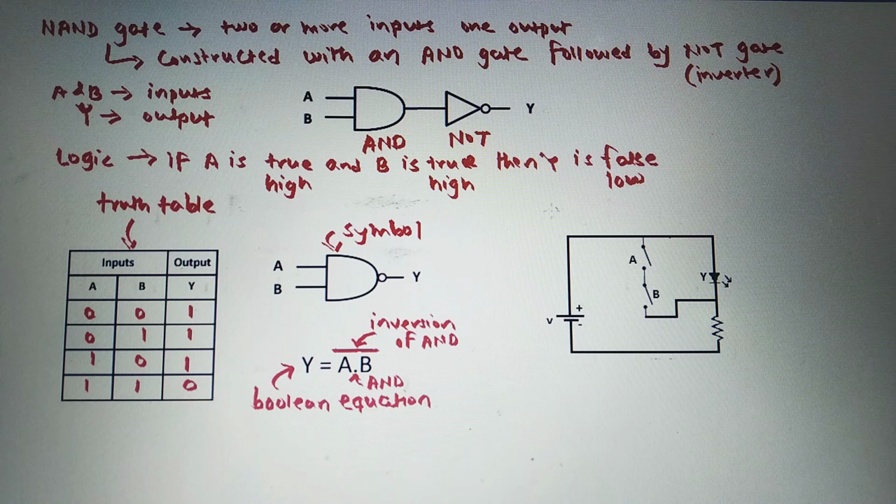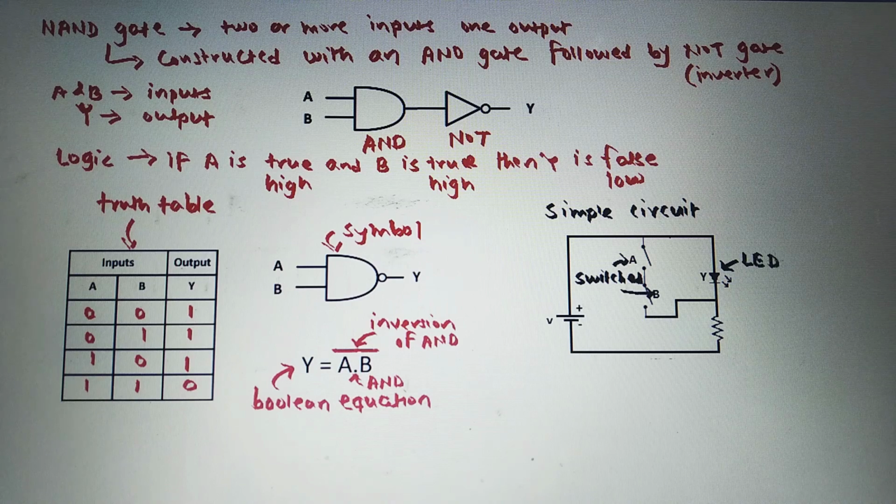Next we will see the simple circuit for NAND gate using switches as input and LED as output. So see here, these A and B, these are the 2 switches used as an input here, and this LED as output.